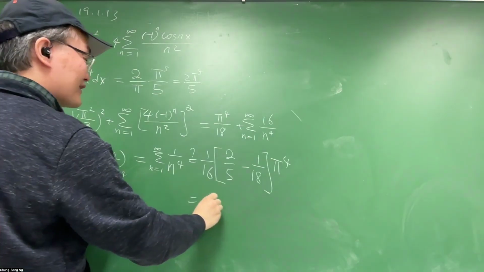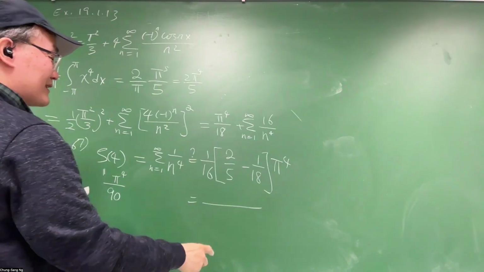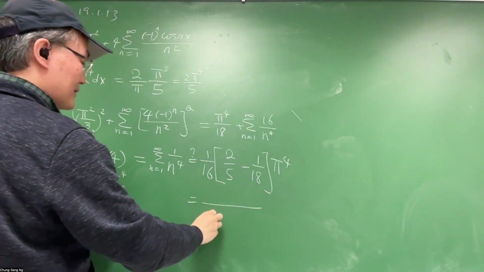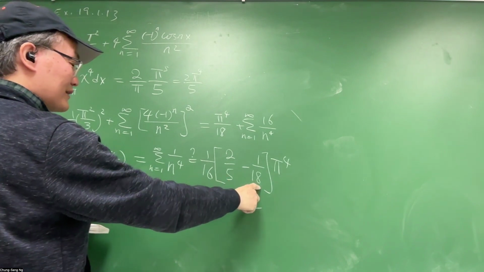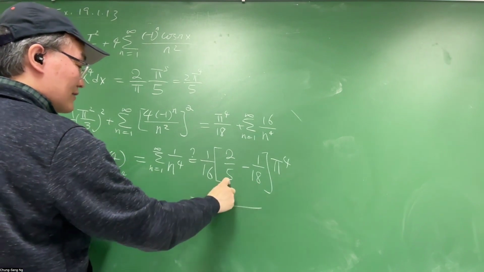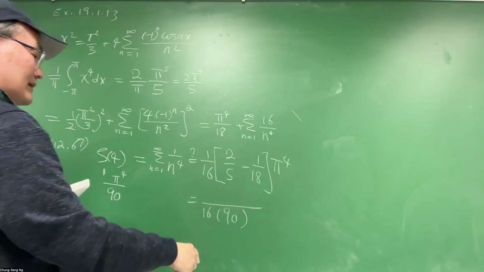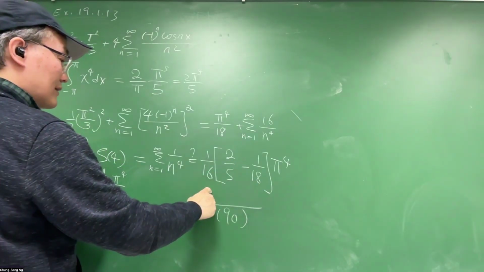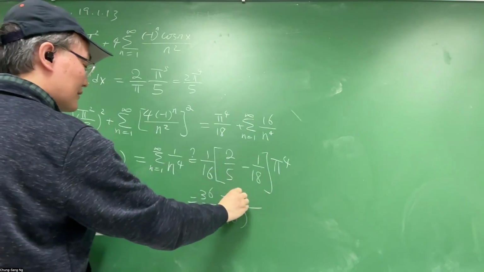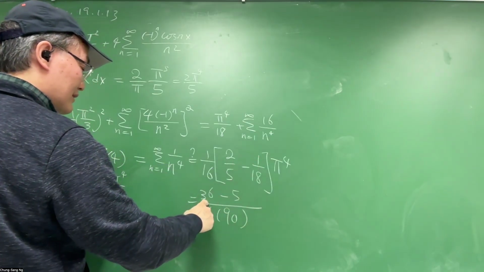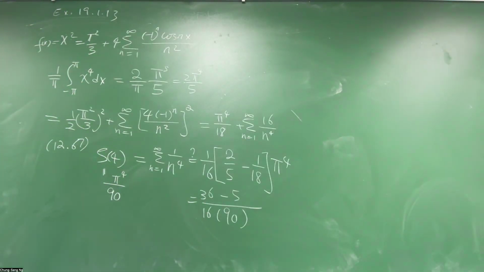Hopefully anyone can do it faster than me. I try to multiply together, 5 times 18 is 90, and that is 36 minus 5, so that's 31.